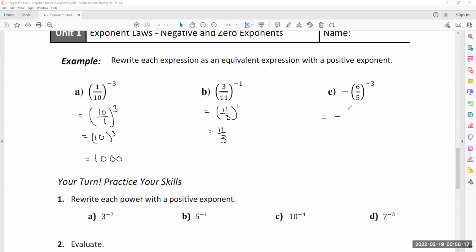Here, the reciprocal is only applied to the base, which if I had to solve it, what would that be? 5 times 5 times 5 is 125, and 6 times 6 times 6 is 216. Something like that.